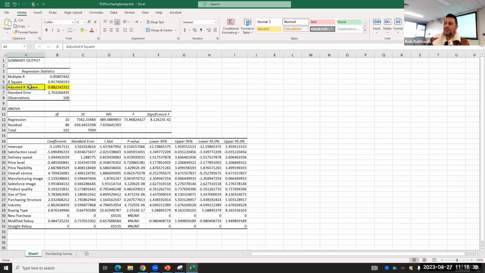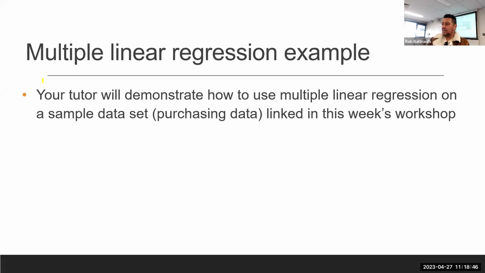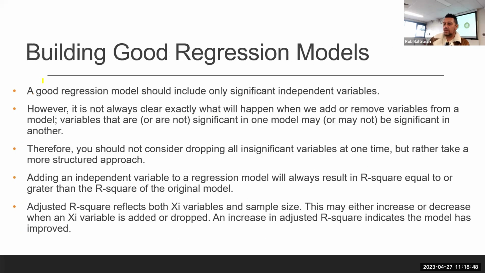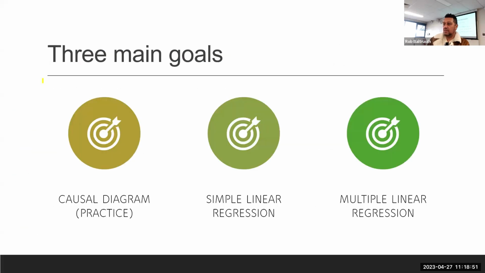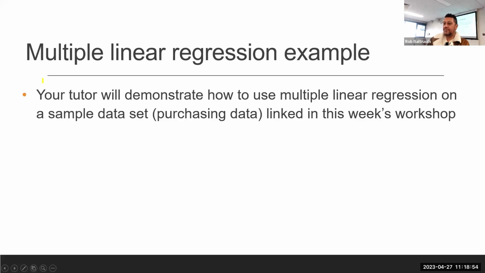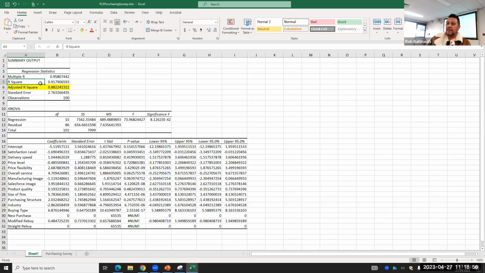So this adjusted R-squared value, I've got some notes in the PowerPoint slides, but R-squared tells you how well this model fits the data that we're seeing, and this is a fairly high value. This is 0.9179, so I would consider that very strong.